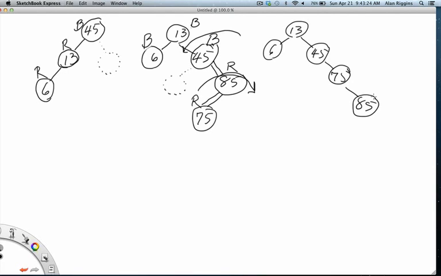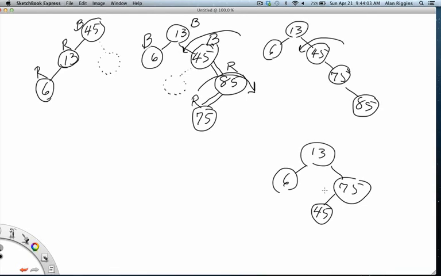We've rotated the 85 to the right, and now we need to rotate the 45 to the left, and that leaves us with 13, 6, 75, the 45, and the 85.